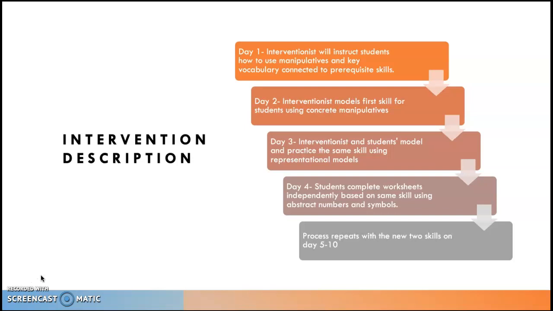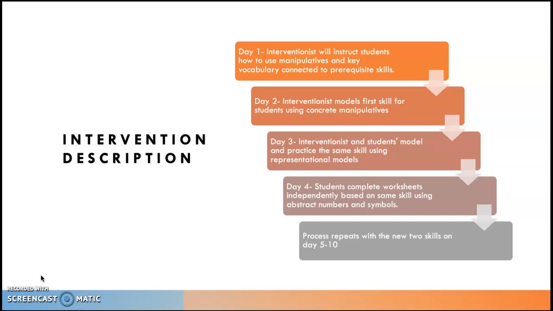On day 2, the interventionist will model the first skill for students using concrete manipulatives. So this would be comparing two fractions using greater than, less than, or equal to, with a concrete method. Then on day 3, the interventionist and students would model and practice the same skill, comparing fractions, using a representational model, so thinking about pictures.